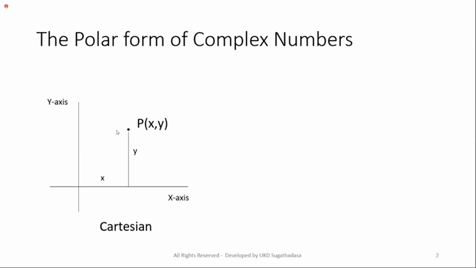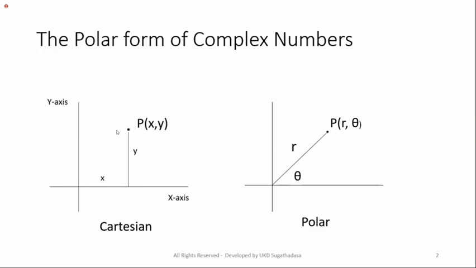But remember, the point can be uniquely defined by two coordinates, x and y. But in addition, on the right-hand side, another method is there to uniquely define the point, using the distance from the origin and the angle. This is called the polar form. In the earlier diagram the point P has coordinates x comma y.